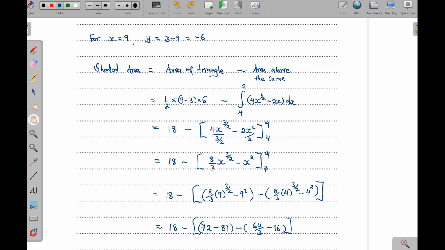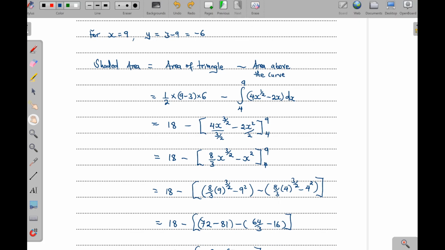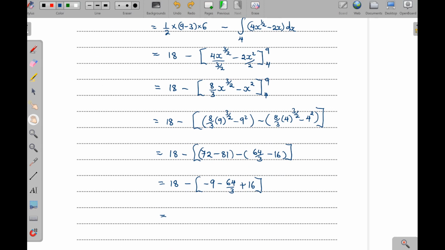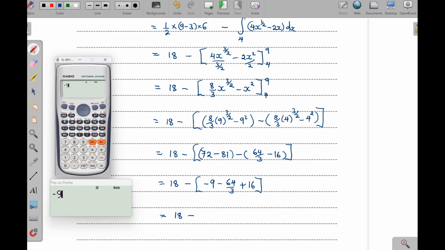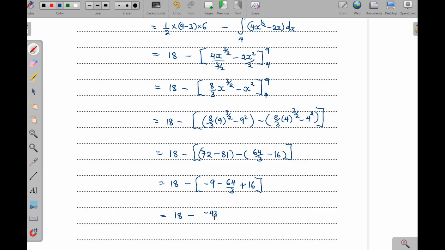So we can get a minus, okay? We can get a minus because it is below the x-axis. Now let us see what we get here only. So we have 18, then minus negative 9 minus 64 out of 3, then plus 16. This one is negative 43 over 3.